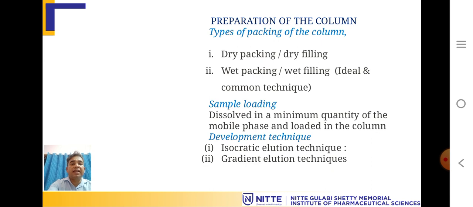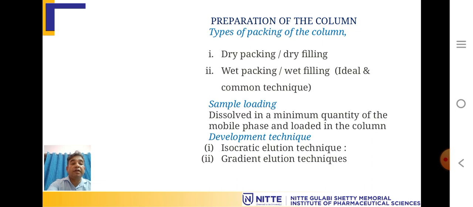Generally the packing is done as wet packing, as there is an advantage of wet packing over dry packing, right? Then you need to load the sample. Sample loading is also a technique in itself. When you don't load a sample properly, there may be concentration of the sample at a particular place in the column.